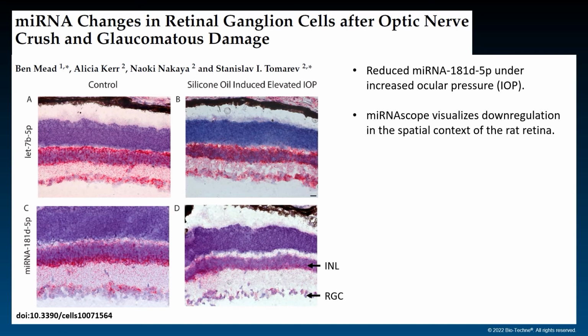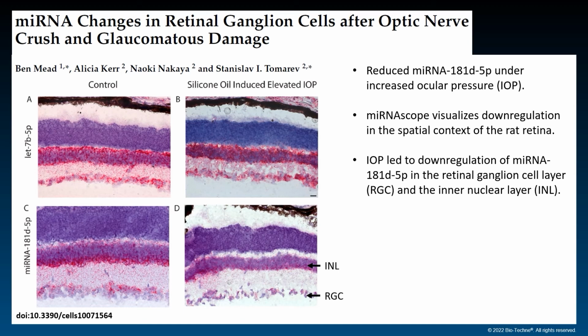They then used miRNAscope to visualize the downregulation of this microRNA in the spatial context of the rat retina, as shown here. They found that elevated intraocular pressure led to downregulation of miRNA 181D-5P, specifically in the retinal ganglion cell layer and the internuclear layer.